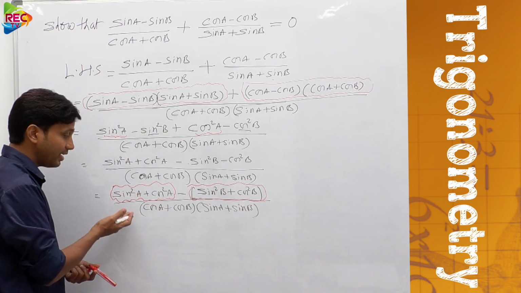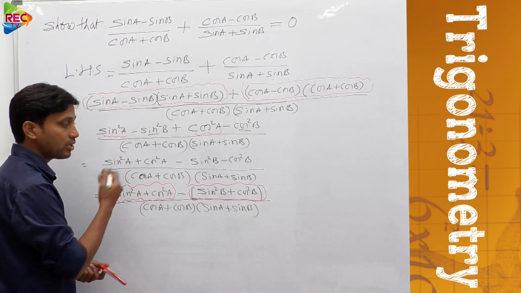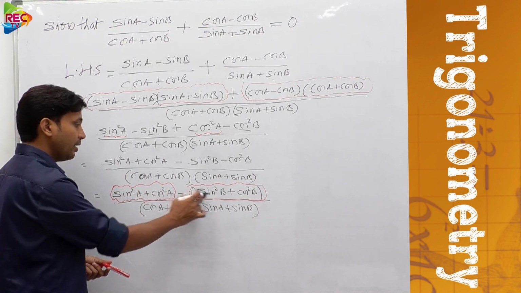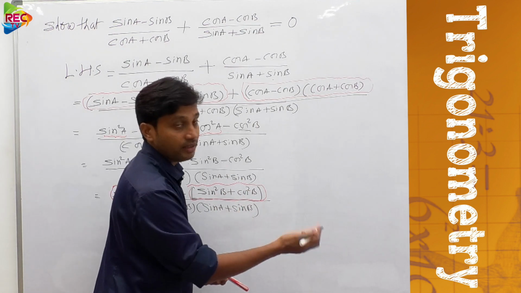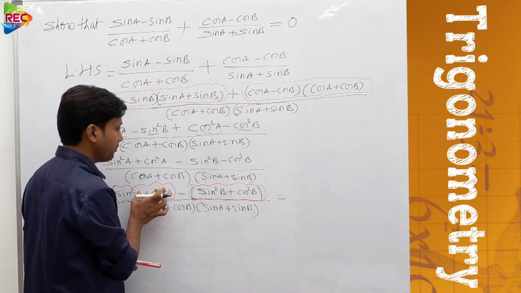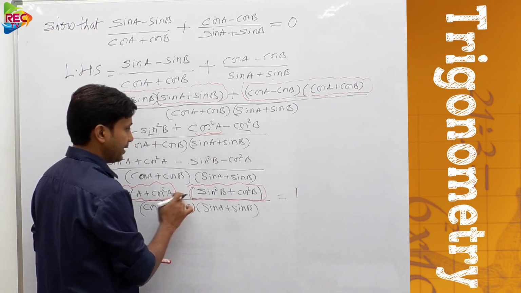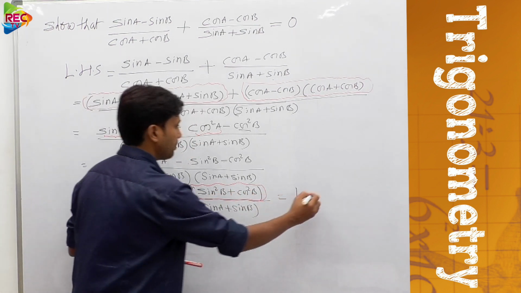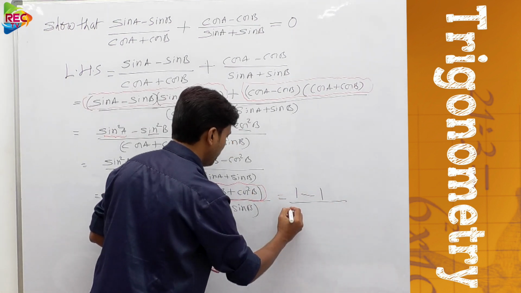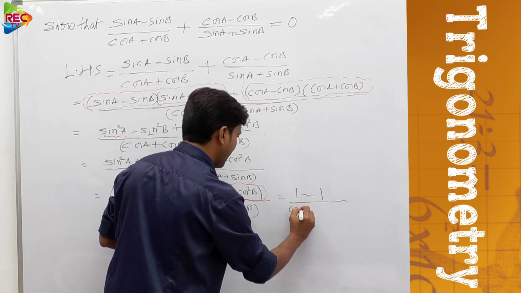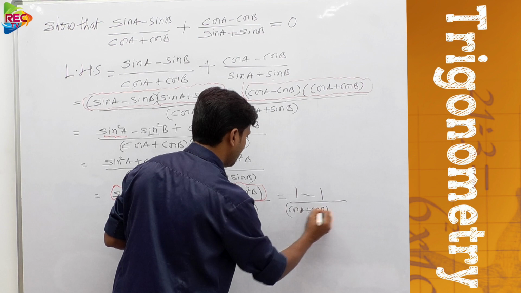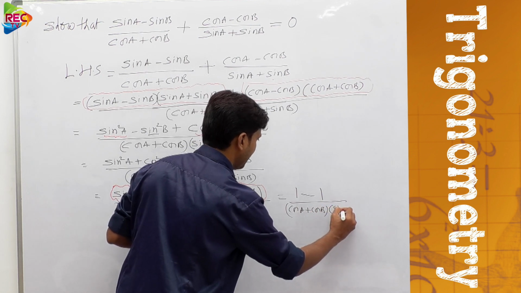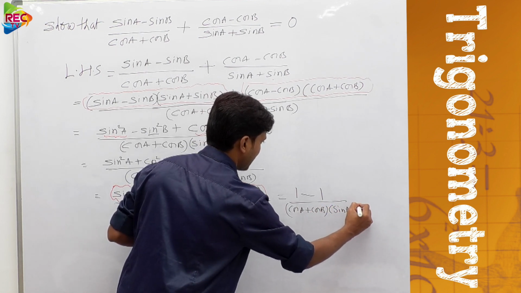So the value of this would be 1 and the value of this also would be 1. So what can we write here? The value of this is 1 minus the value of this also 1, by cos A plus cos B into sin A plus sin B.